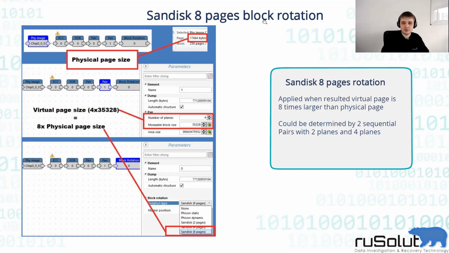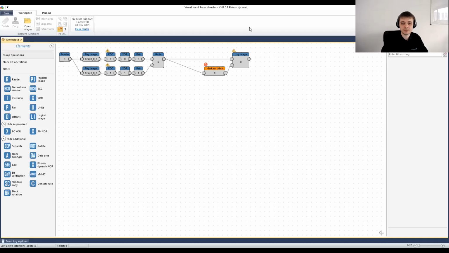So for now, let me show you how it works on real cases, how it proceeds. Here you could see a case about Phison dynamic rotation. This case is quite a standard one.